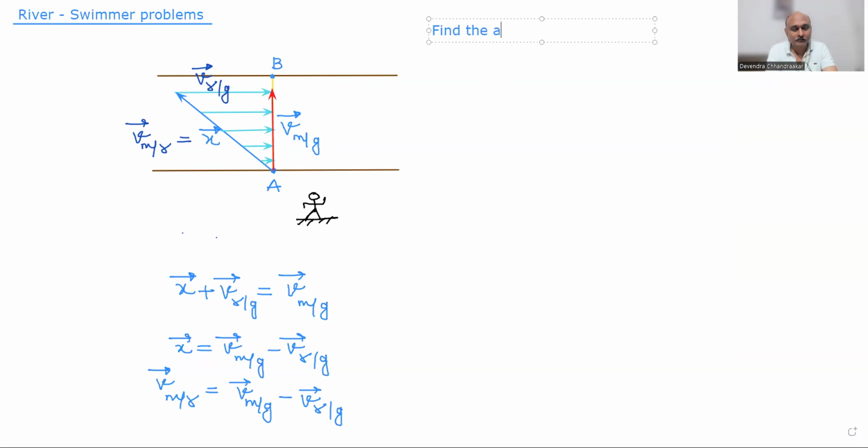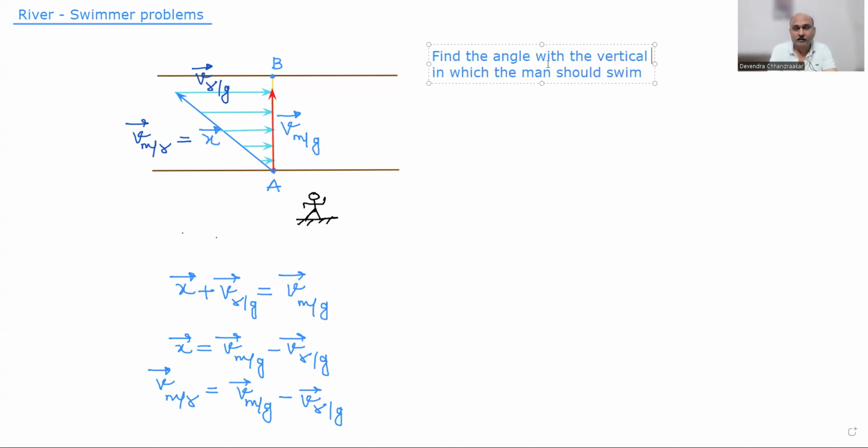Find the angle with the vertical in which the man should swim to reach point B. ठीक है.